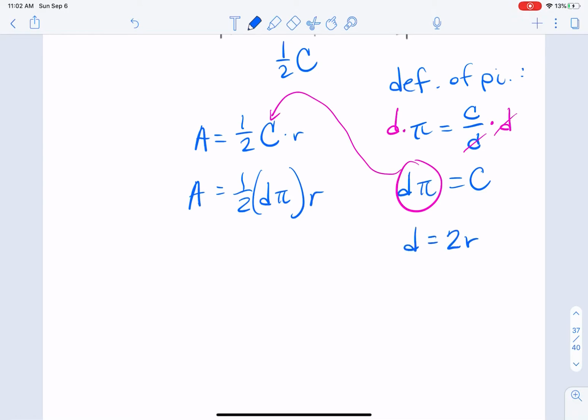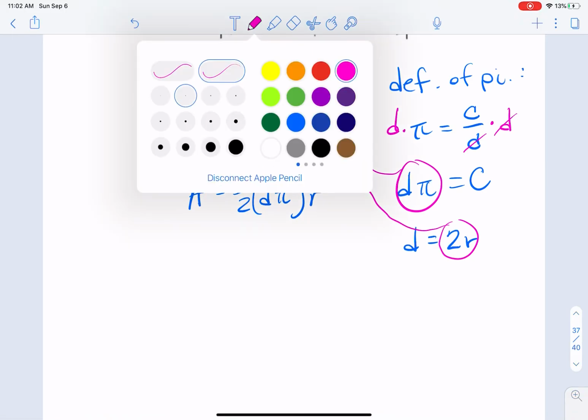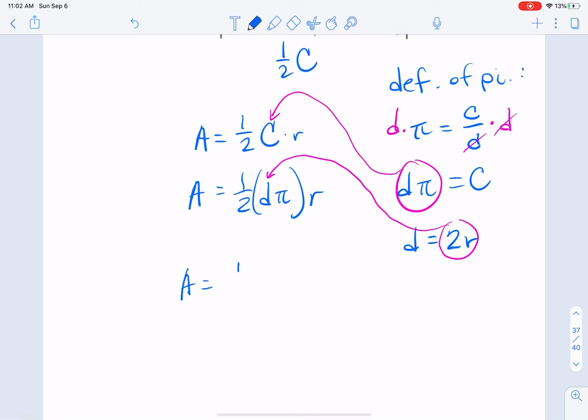So this is really a system of equations that we've got going on here. We're going to have to do lots and lots of little substitution. I'm going to now take my d equaling 2r, and substitute it in for this d right there. Now my area formula is equal to 1/2, instead of d I will write 2r, then we have our pi, and then we have our other r on the outside of it.